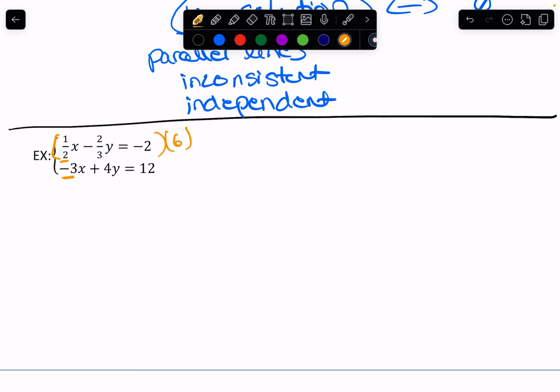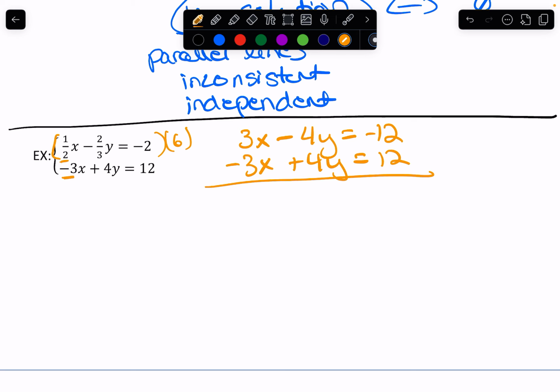So 6 times a half is 3x. Negative 2/3 times 6 is going to be negative 4y, and negative 2 times 6 is negative 12. The bottom one is going to stay the same as it is, and we're going to add, well, 0 plus 0 equals 0. This one is going to be true.